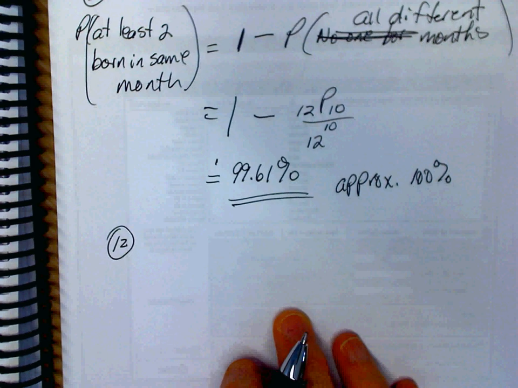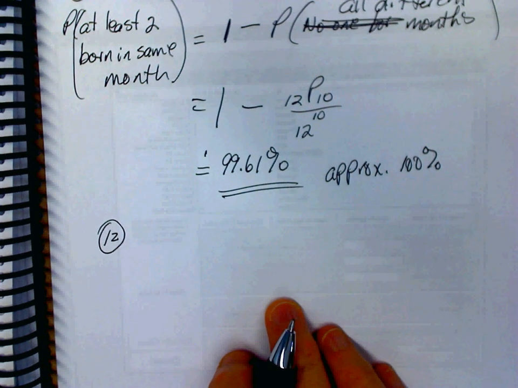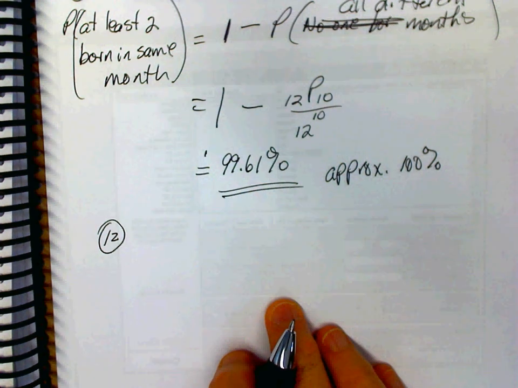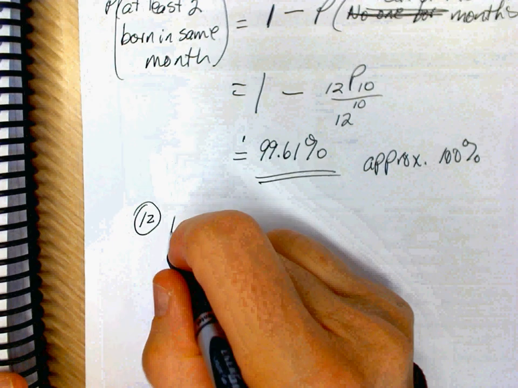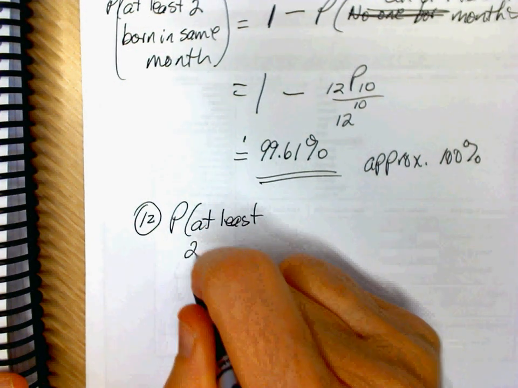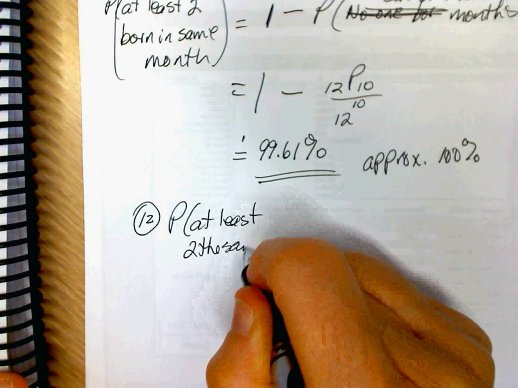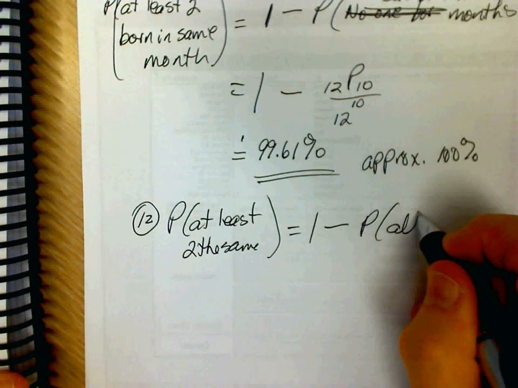Find an expression for the probability at least 2 selections from a set of n elements are the same in a random sample of size m. Okay. So we want probability at least 2 the same is equal to 1 minus probability all different.